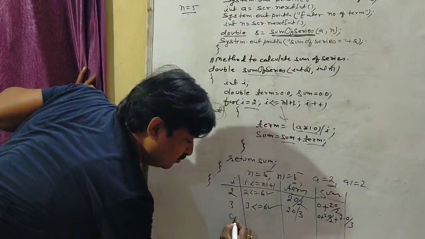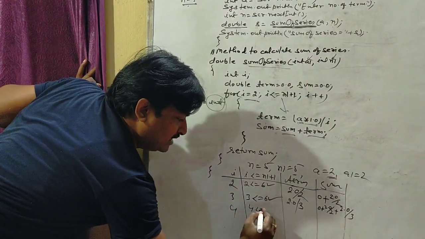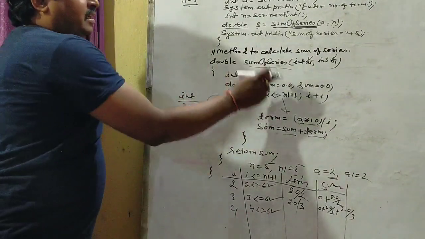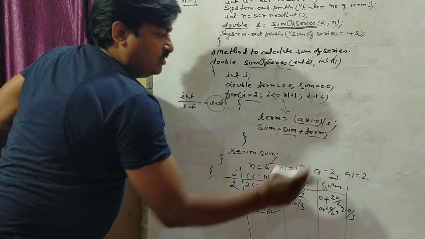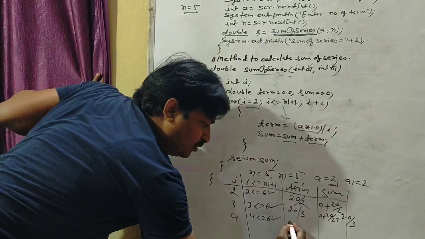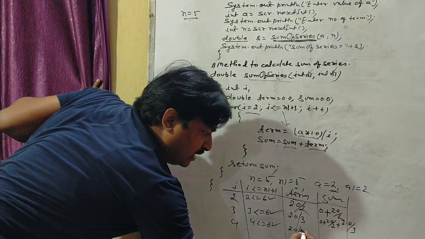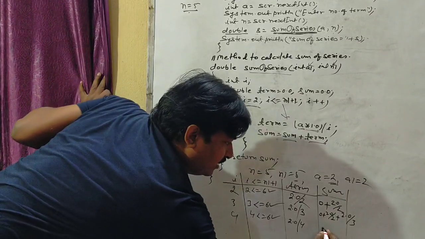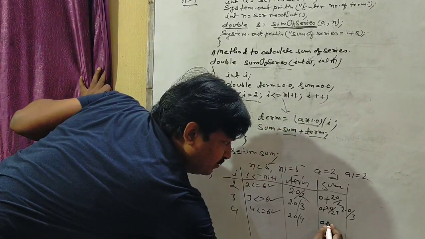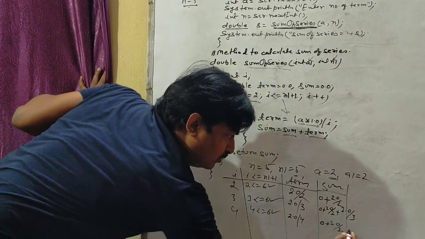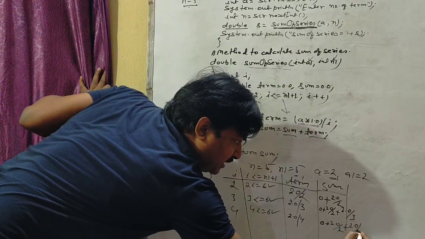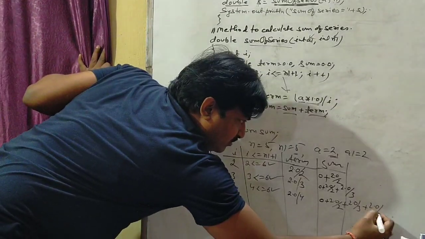One more time, take i equal to 4, 4 less than or equal to 6, the condition is true. Term equal to a into 1.0 by i, so 2.0 by 4. Now sum equal to 2.0 by 2 plus 2.0 by 3 plus 2.0 by 4.